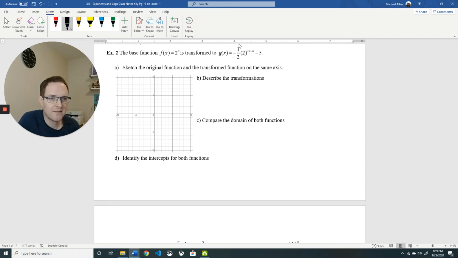We have this -1/2 sitting in the front. So this -1/2 will do a vertical stretch and a reflection over the x-axis.